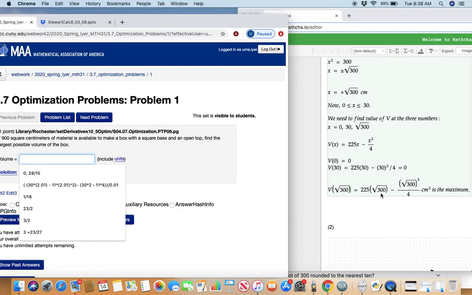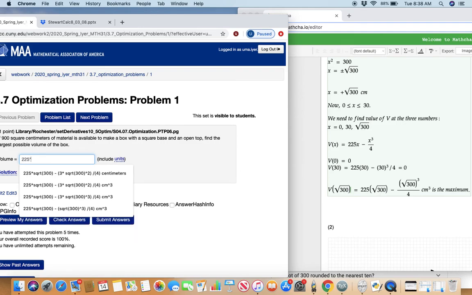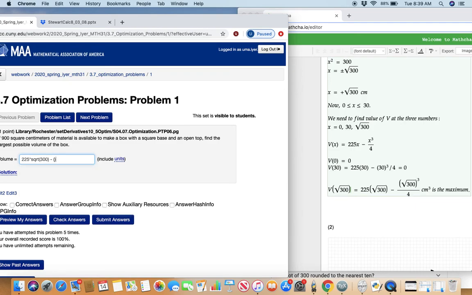So let's see. 225 times square root, SQRT 300. That's the first part. Minus, whenever I see a quotient, a fraction, I write parenthesis over parenthesis. Denominator is easy, so I'll write a 4. Numerator is a power of a square root, so the square root goes inside, mind you.